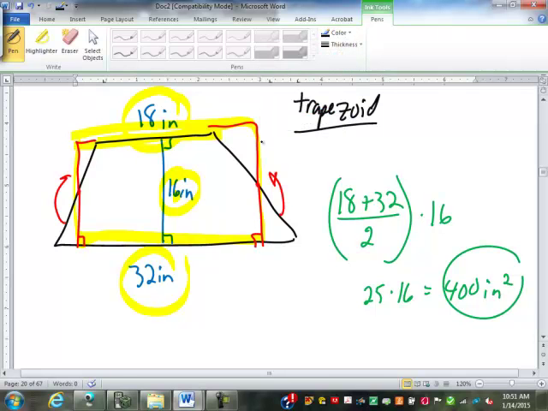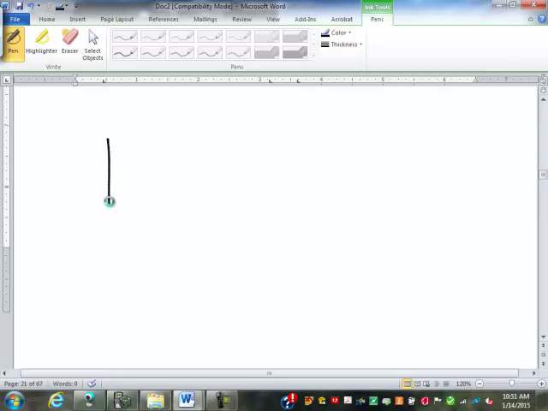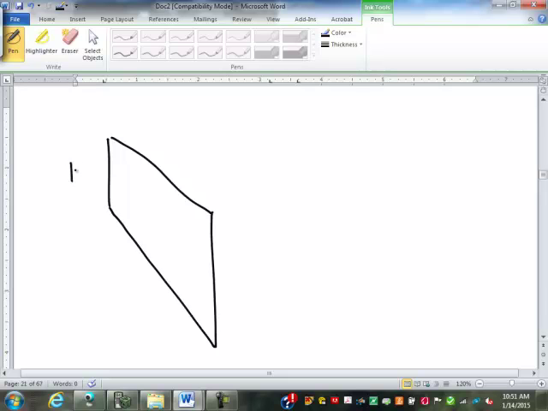Those formulas all look familiar? Pretend that's perpendicular.